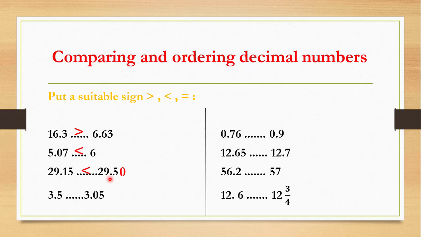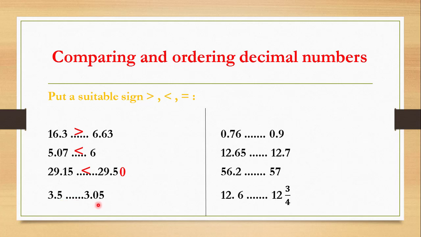Let's move to another one. Here we have 3.5 and 3.05. The whole number is 3 here and here. Let's move to the decimal part. Here we have only one decimal place, but here we have two decimal places.